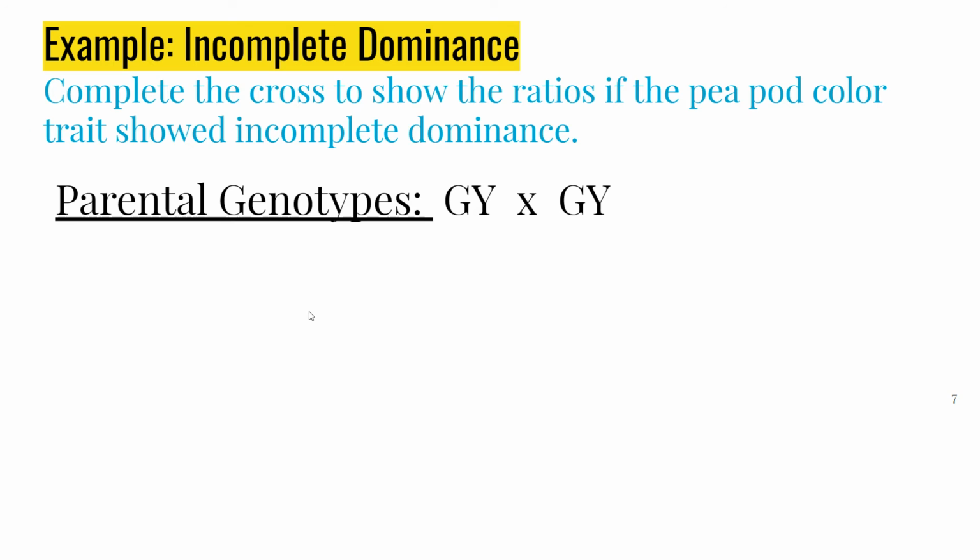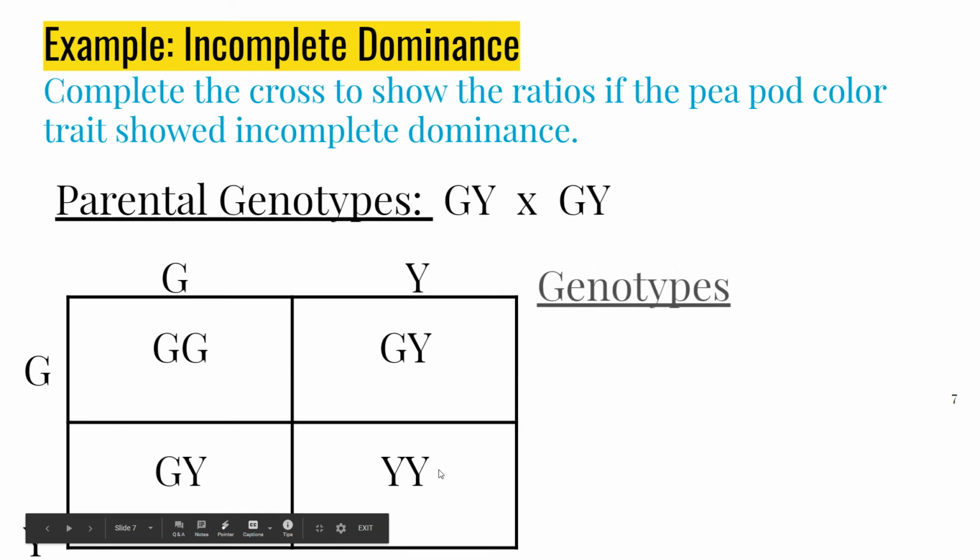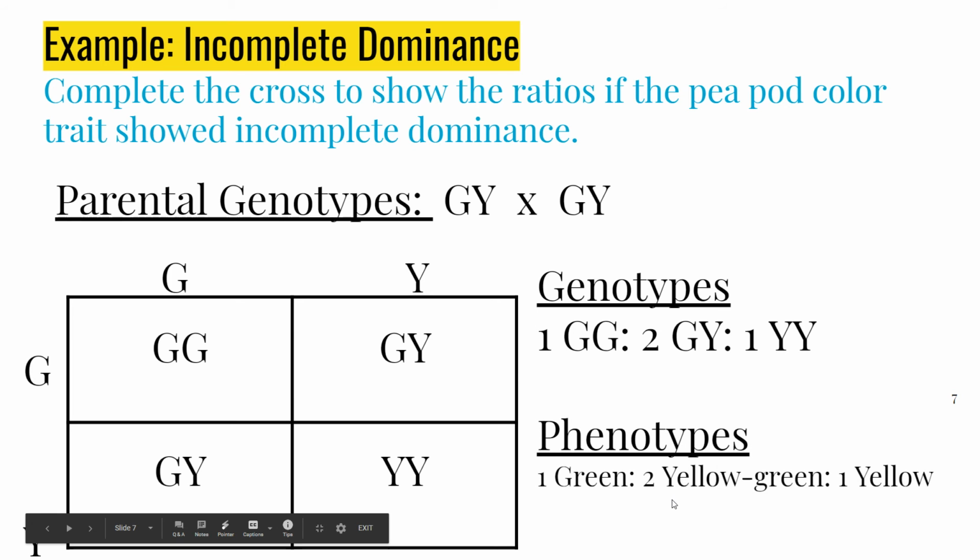When we cross these, we get 1 big G, big G, 2 capital G, capital Y, and then 1 capital Y, capital Y. The genotypic ratio is still 1 to 2 to 1, but the phenotypic ratio is different, because we have one solid green, two yellow greens, and one solid yellow. This is incomplete dominance, where both alleles are expressed to some level.